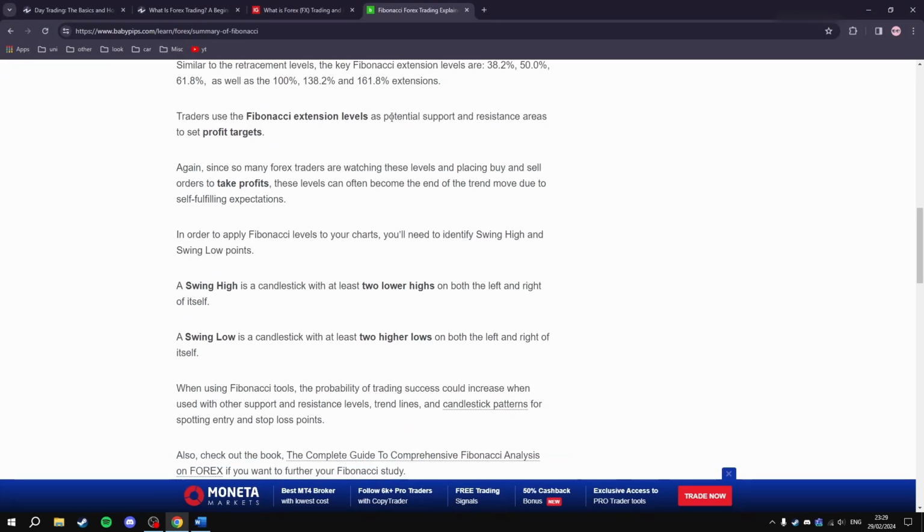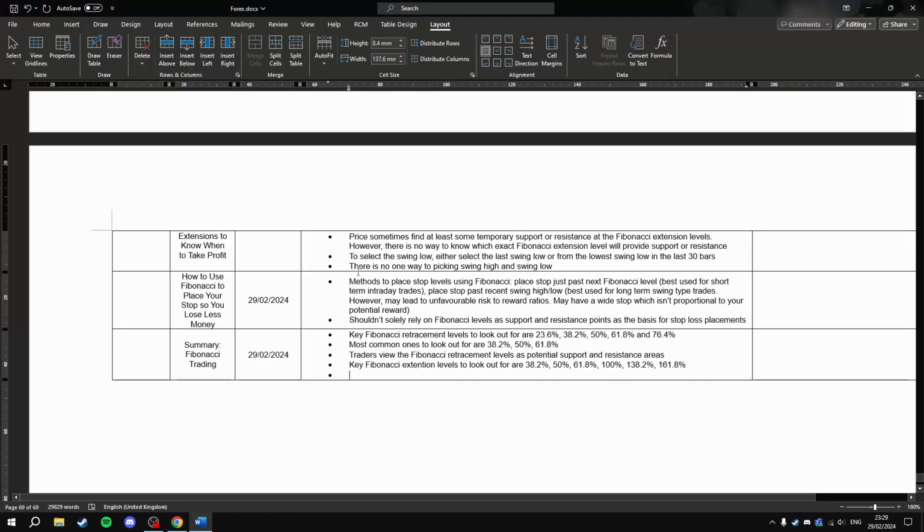Traders use the Fibonacci extension levels as potential support and resistance areas to set profit targets.